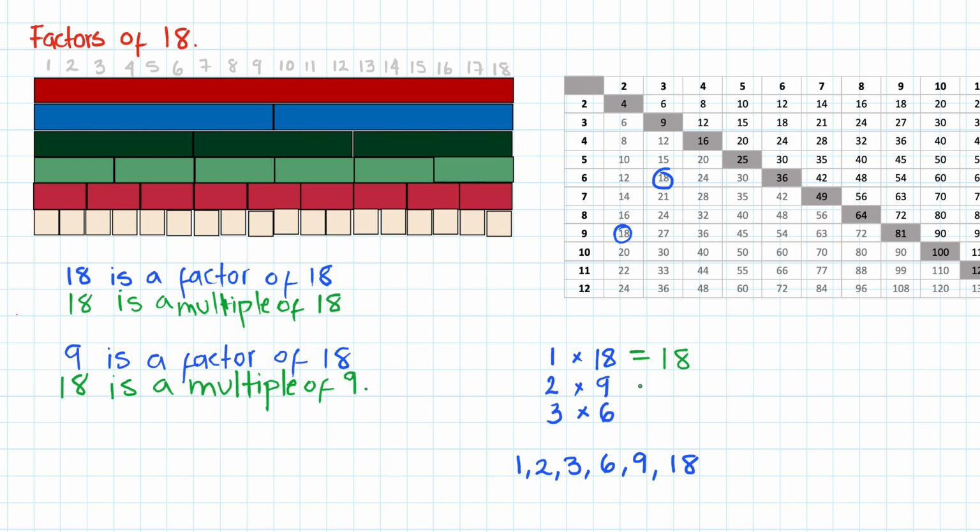Remember, 2 times 9 equals 18. So here when I say 9 is a factor of 18, it's because I have it here. Remember that these are the factors of this one, okay? And when I say that 18 is a multiple of 9, it's because when I multiply 9 by 2, I get 18, okay?